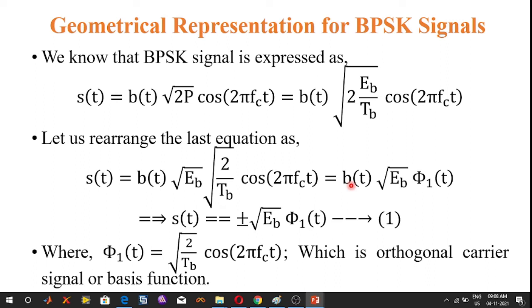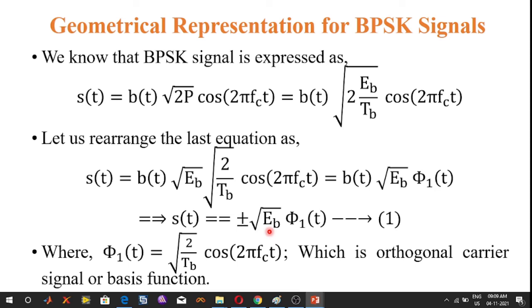If b of t is equal to plus 1, binary bit 1 is transmitted, and if b of t is equal to minus 1, binary bit 0 is to be transmitted. So plus means binary bit 1 is transmitted, minus means binary bit 0 is to be transmitted. Therefore s of t is equal to plus or minus square root of Eb into phi 1 of t.